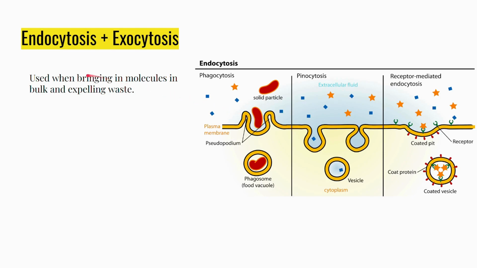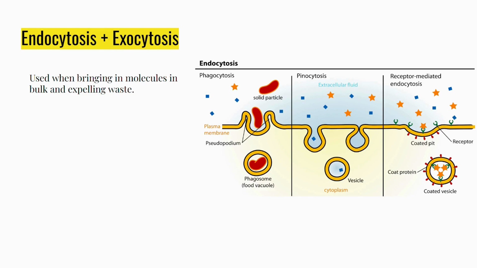Okay, and then there's endocytosis and exocytosis. These are examples of active transport, and here it's being used to bring in molecules in bulk and also expel waste. So this would be for things like hormones.